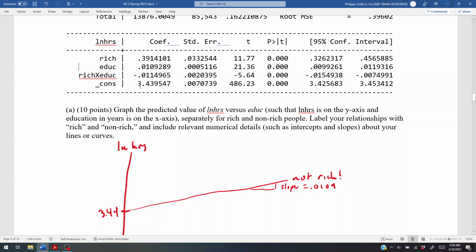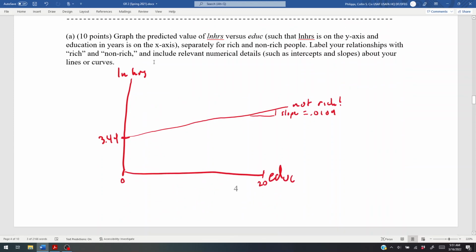So instead of being 3.4 for my constant, I'm going to have to add another 0.39 to that. Let's call it 3.82, right? This will be there, and so will this, because rich is equal to 1. So if I am rich, I'm going to be up here at 3.82 or 3.83, whatever it comes out to.